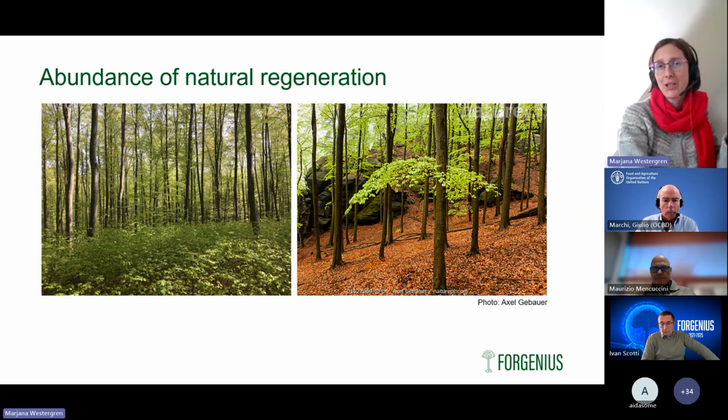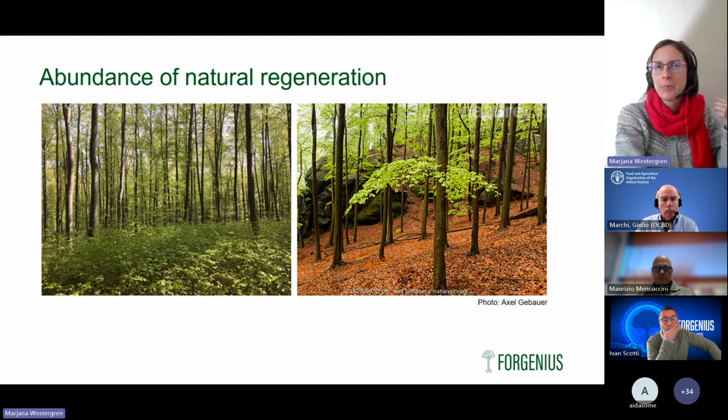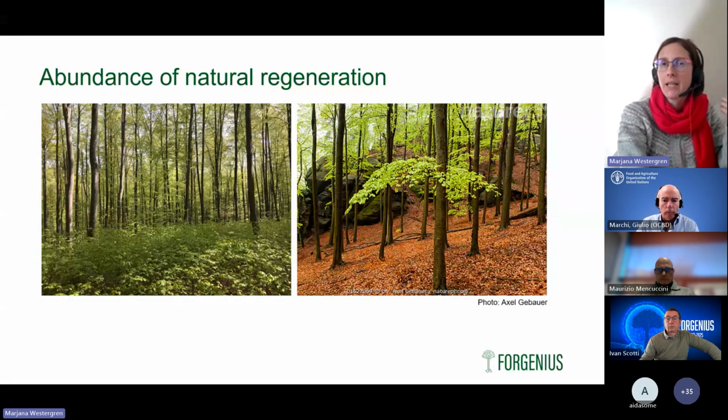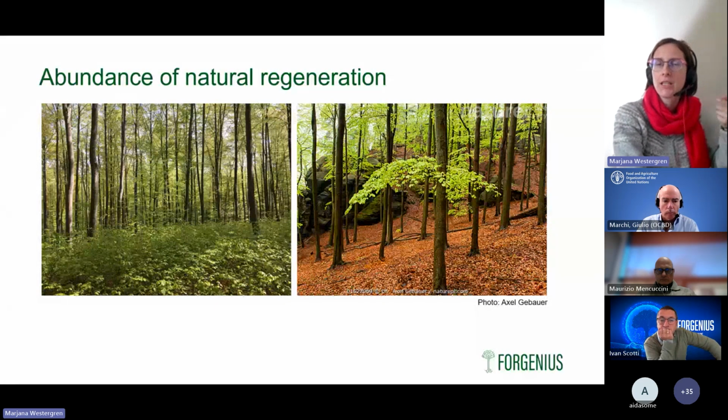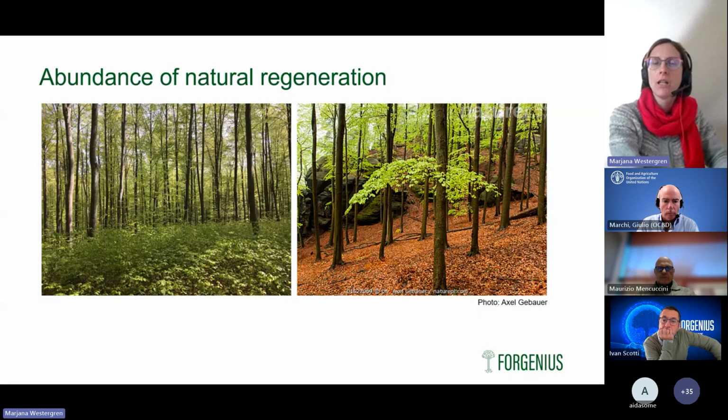And if we don't have natural regeneration at that time, then the indicator is signaling to us that there is something wrong. Maybe we have to think about the management strategies for this gene conservation unit, maybe open up the canopy, or maybe think about collecting seeds so we can use seedlings to regenerate this particular gene conservation unit, and things like that.